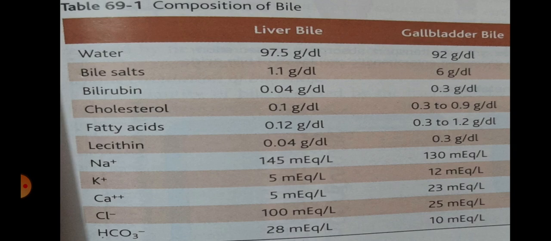The constituents, as usual, include water, and the largest amount is the bile salts, and then other waste products such as bilirubin, excess cholesterol, fatty acids, lecithin, and other normal electrolytes are seen in this bile.